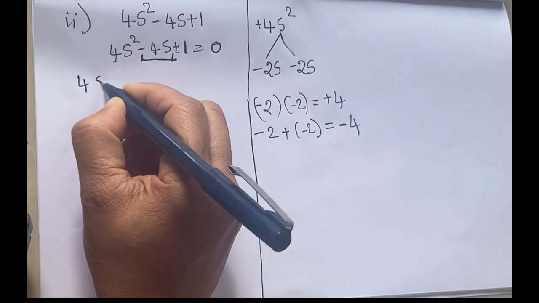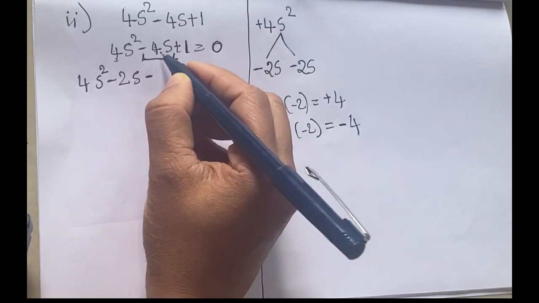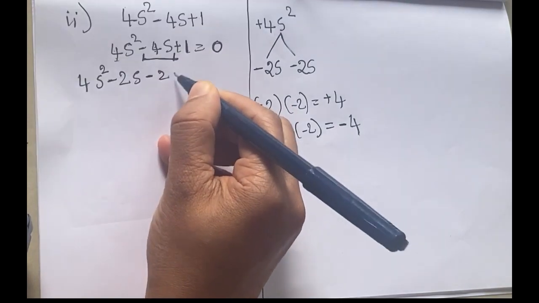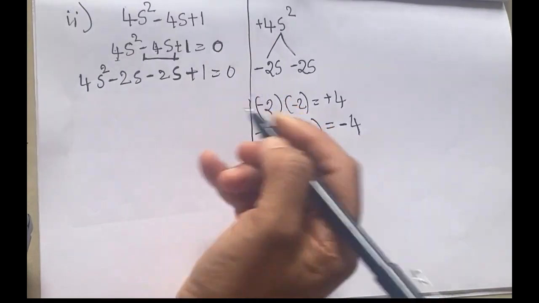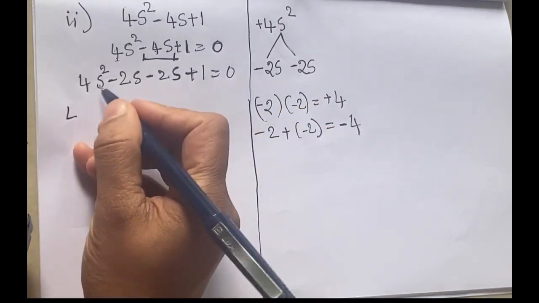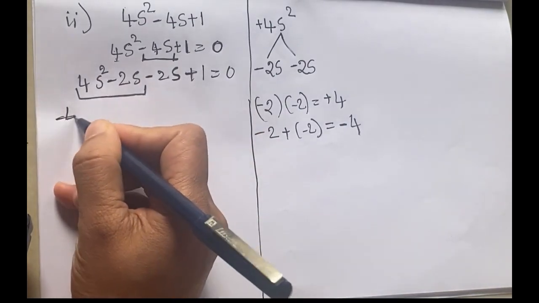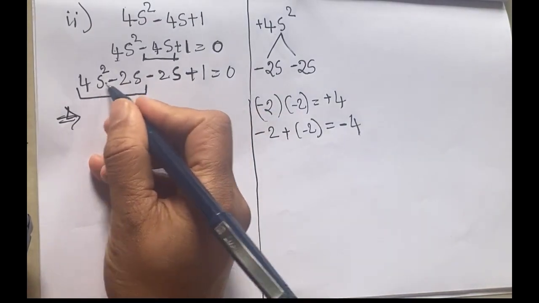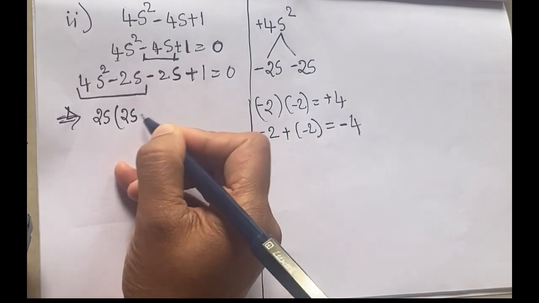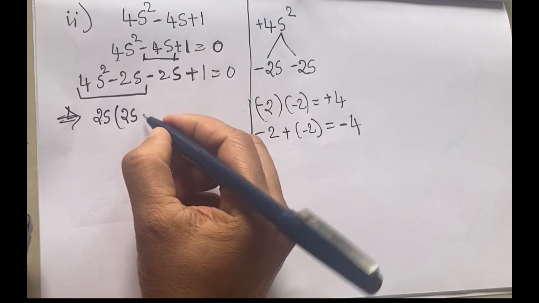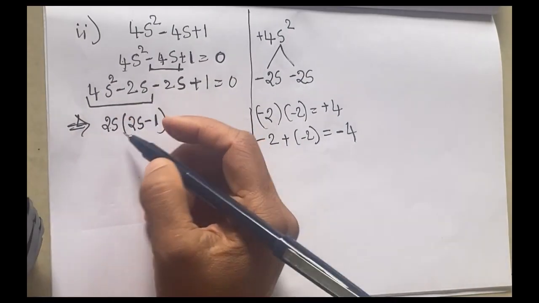4s square minus 2s minus 2s plus 1 is equal to 0. Here I am splitting minus 4s as minus 2s and minus 2s. From 4s square minus 2s, 2s is common. 2s into 2s minus 1.